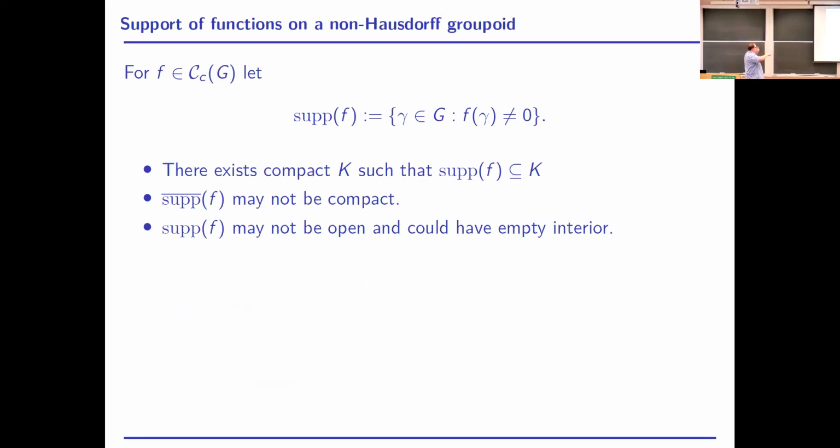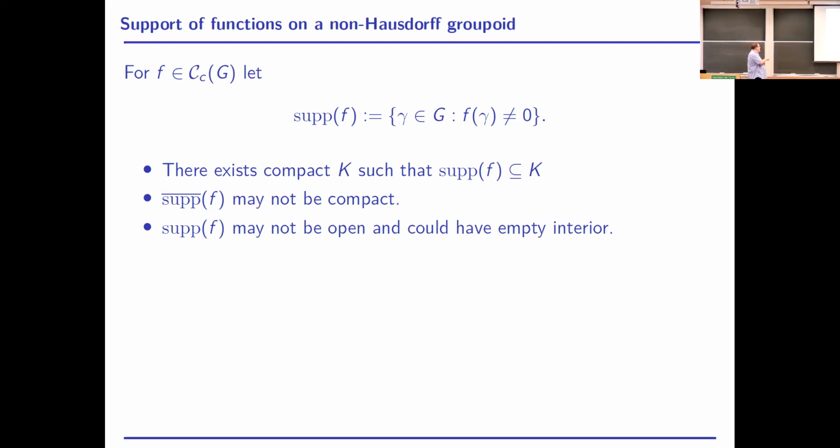So stepping back away from the elements of the C-star algebra, thinking again about curly C, these are the spans of continuous, compactly supported functions on Hausdorff subspaces. Since each of these elements is a finite span of something with a compact support, we do actually have a compact K such that the support, so this is the open support in inverted commas, of f is contained in some compact set.